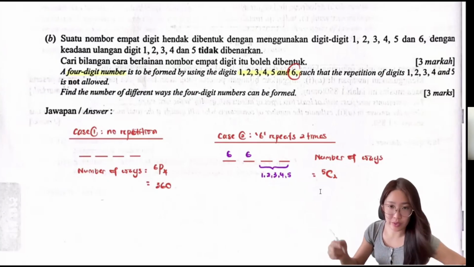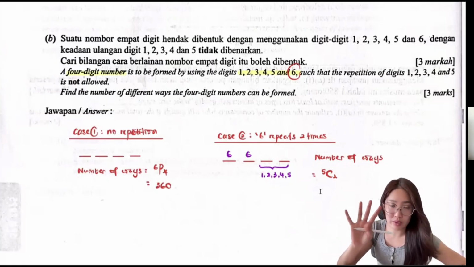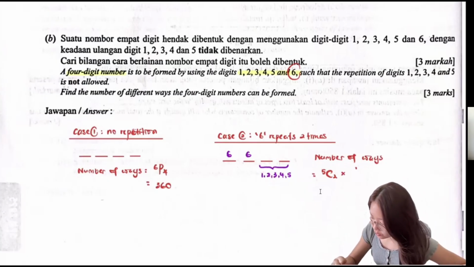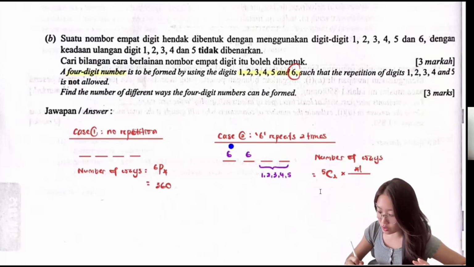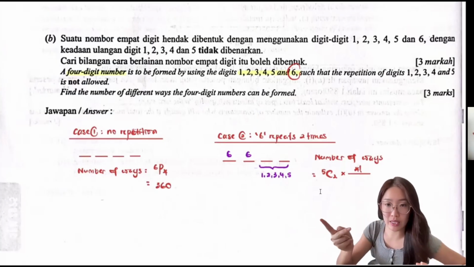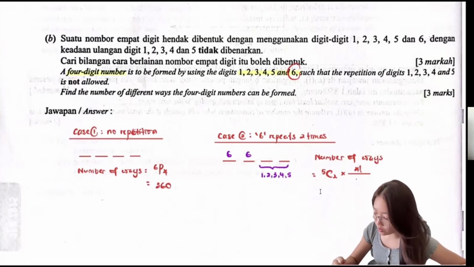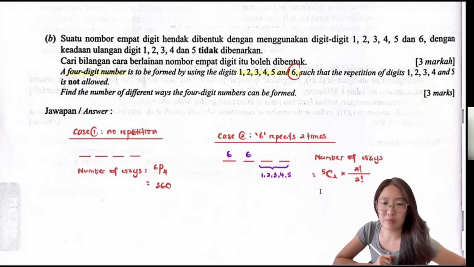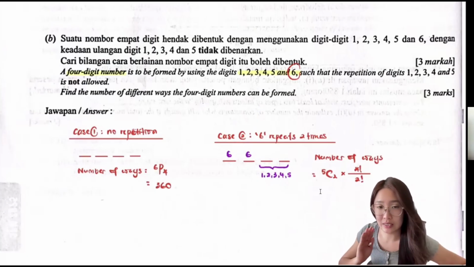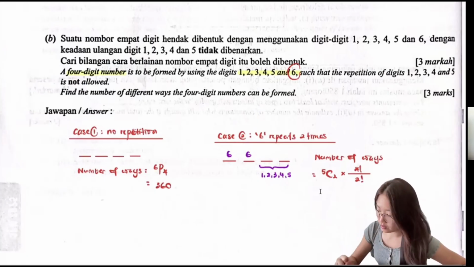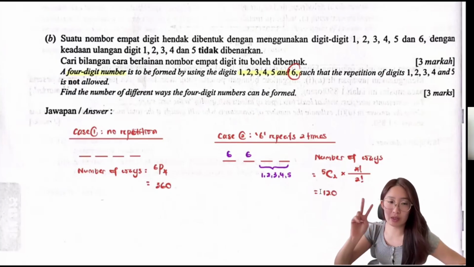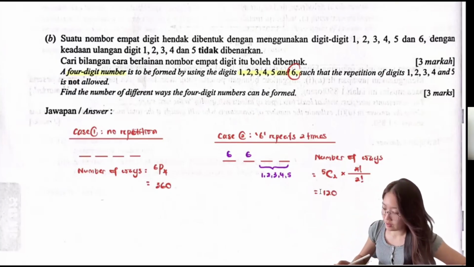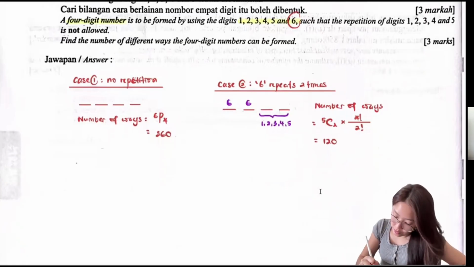And then this is arrangement. So you have 4 numbers right now. You arrange. This will be 4 factorial. And don't forget, 6 is repeated. If I switch these 2 numbers, you don't even realize it. They are the same number. So you have to divide by 2 factorial. They are the same identical numbers. So here you will get 120. 6 repeat 2 times. Okay, same concept. You are going to do case 3.